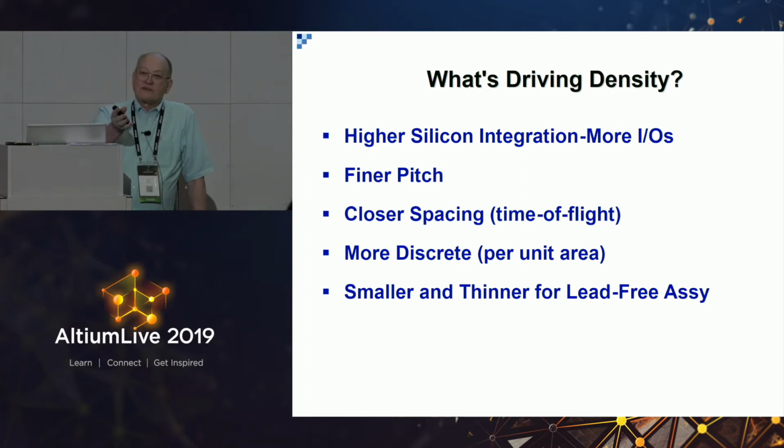So what are some of the finest pitches some of you are working with? 0.35 millimeter, 0.3 millimeter, 0.4 millimeter. Anybody here got a new number that's very small? The smallest I've seen is 0.08 millimeter. So if you're working with 1 millimeter, you've got a lot to learn to figure out how to work at 0.08 millimeter pitch for each device.